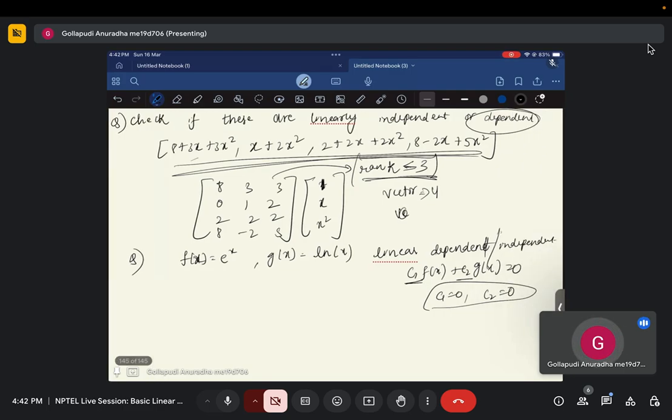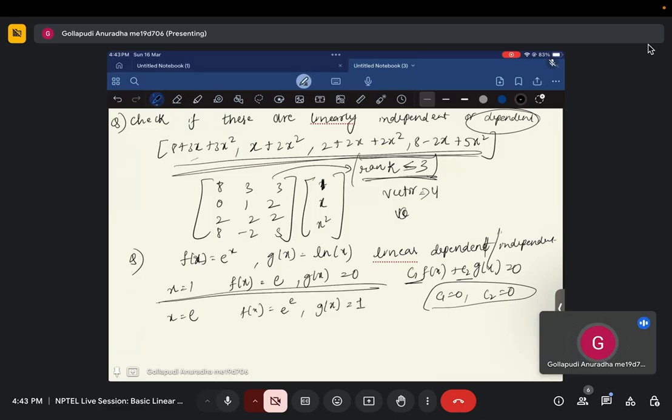If I take x equal to 1, then f of x I'll get as e, and g of x as 0. And if I take x equal to e, then f of x is e power e, and g of x is 1.